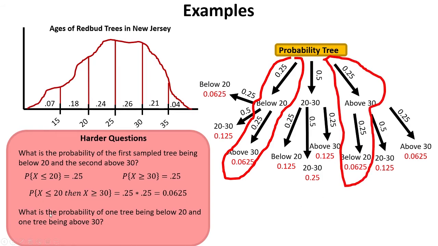That's the only way to satisfy our stipulation of one tree being below 20 and one tree being above 30. And so we would add these two probabilities together, 0.0625, and then we've got 0.125. So that's how you would approach this with a probability tree.